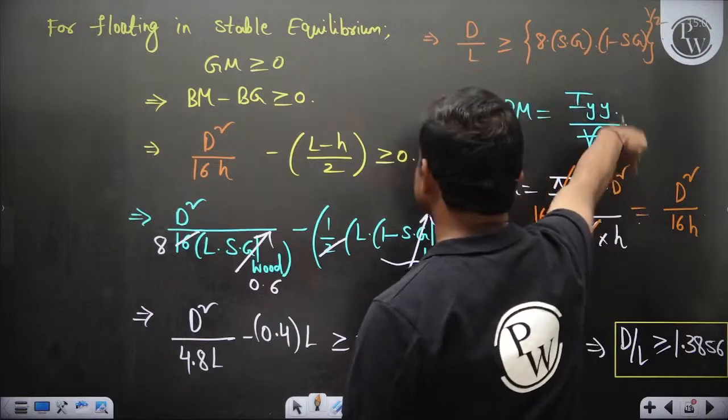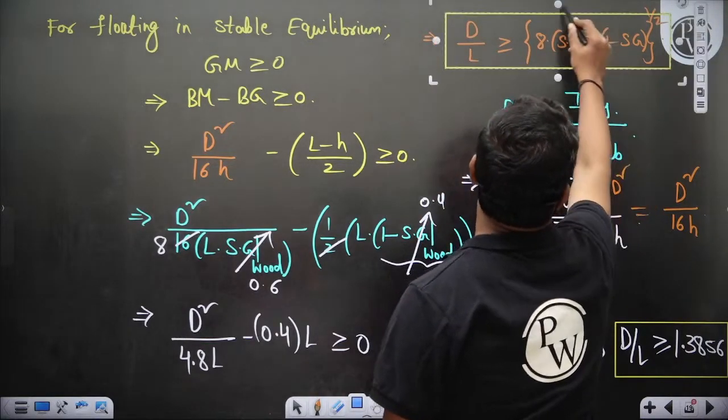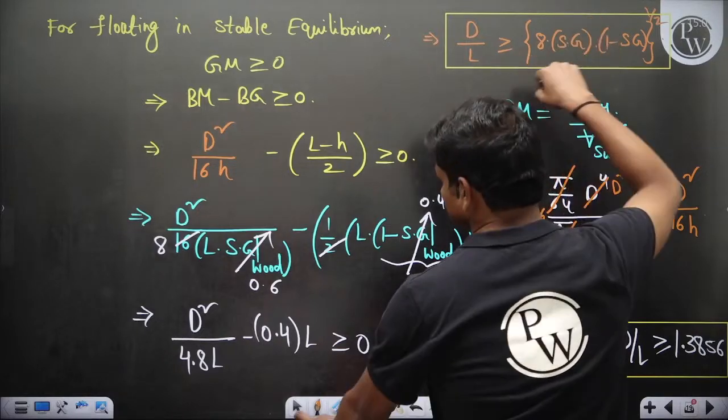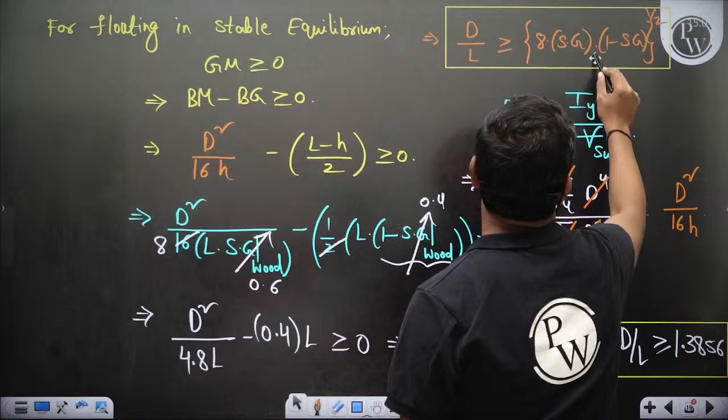If you substitute, you will get the same answer. You can mark this if you want, but it is valid only for this cylinder case. If they change the geometry, then it's not a very happy thing to do.